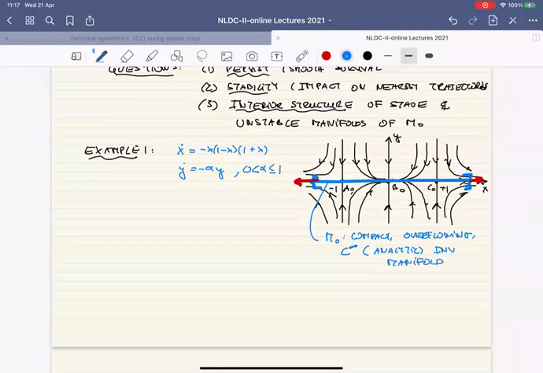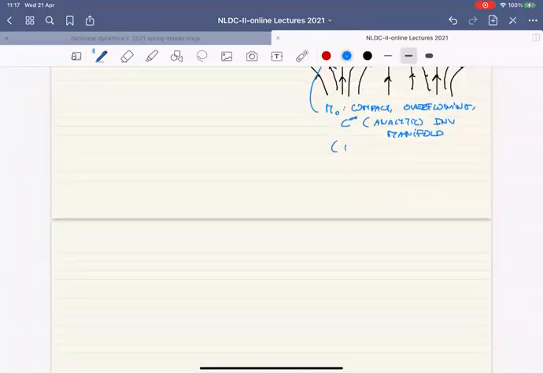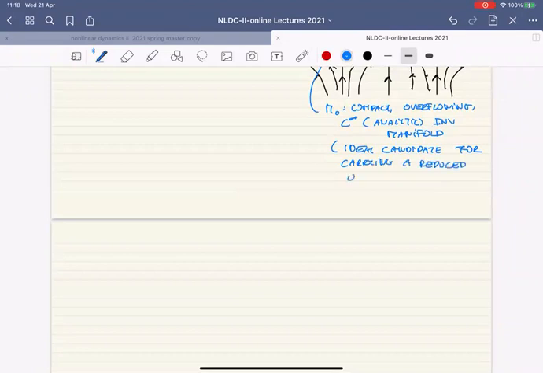All right, beautiful. So I'll just say that this is an ideal candidate for carrying a reduced order model of the full system, because you're running to it exponentially.